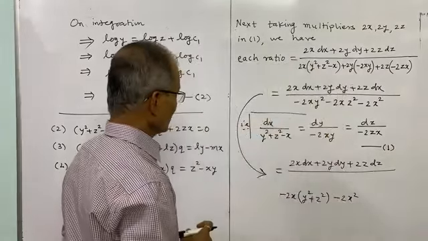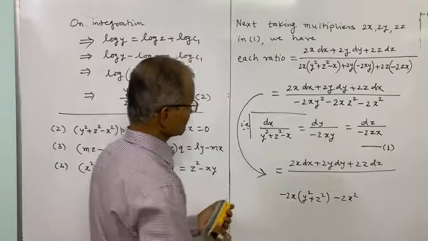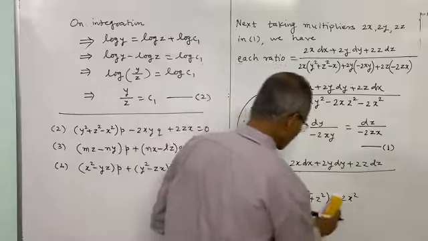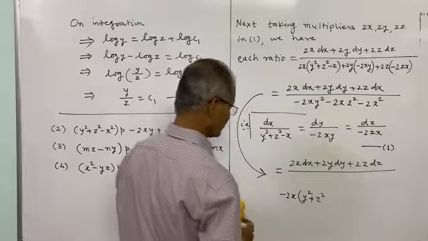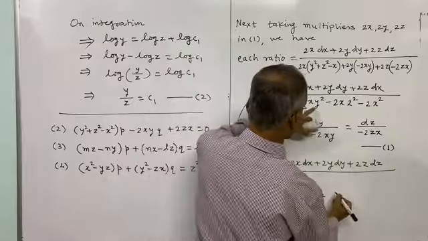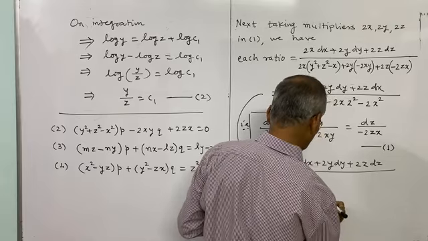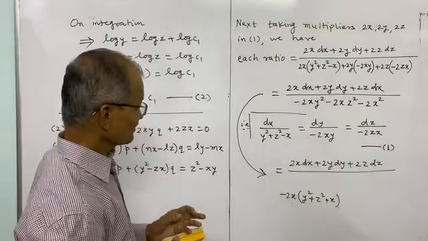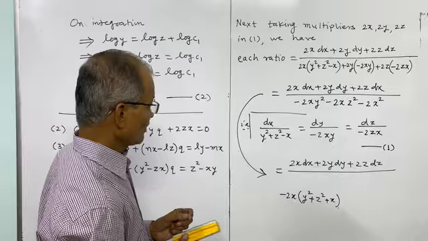So if we take minus 2x common, then it is y square plus z square plus x, which is common, that we are getting.